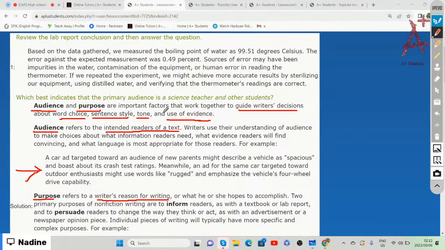So, two primary purposes of nonfiction writing are to inform readers, as with a textbook or lab report, and to persuade readers to change the way they think or act, as with an advertisement or a newspaper opinion piece.